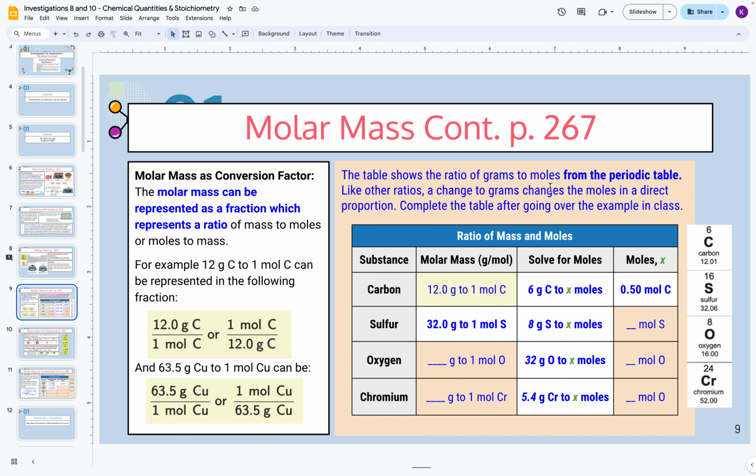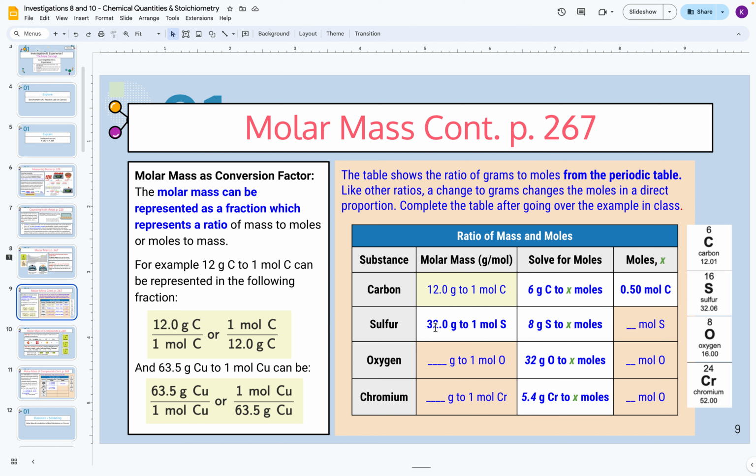So we have a ratio of 12 grams to 1 mole. I'm looking at the table, across the top column. If I change the grams to 6 grams, that is half of the mass, then I also change the moles to half the moles.